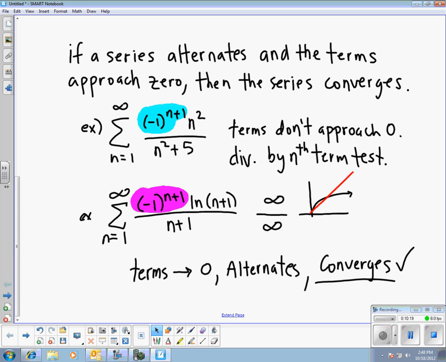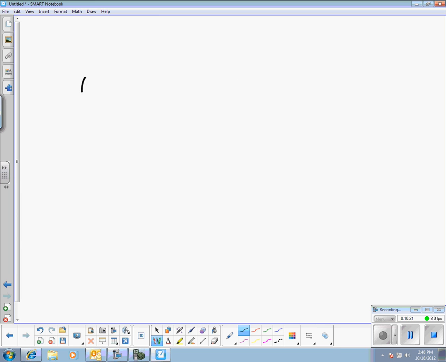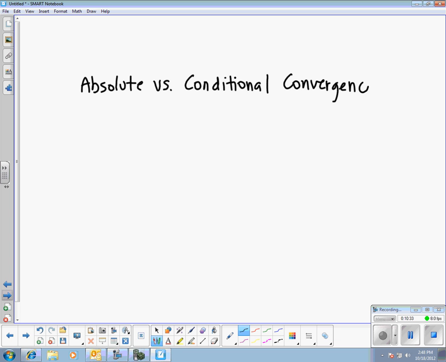A couple more little things in this section. All right, we have convergence. Now that we have alternating series, we have two different levels of convergence. All right? A series that converged anyway, before it alternated, like, I don't know, a P series that converged.